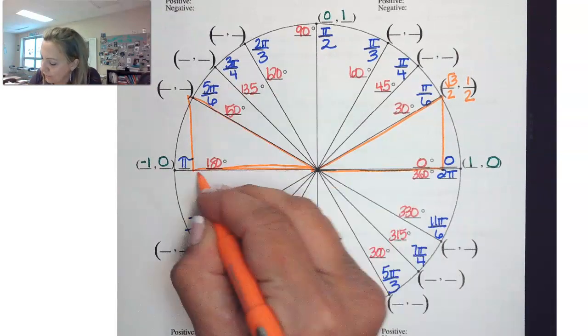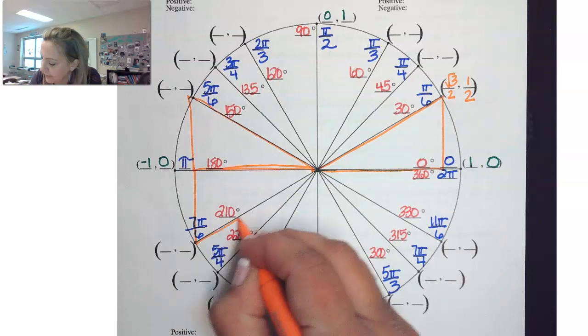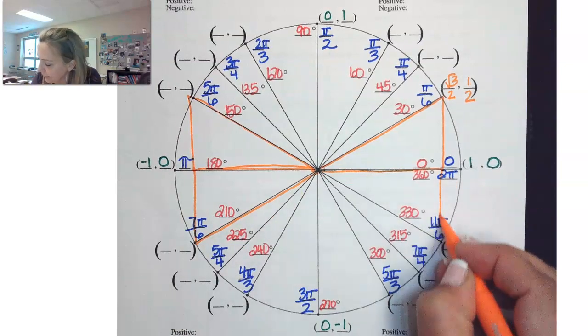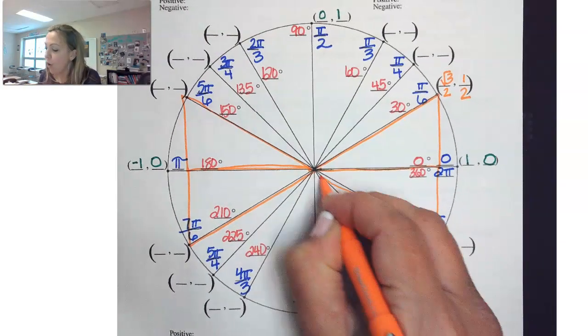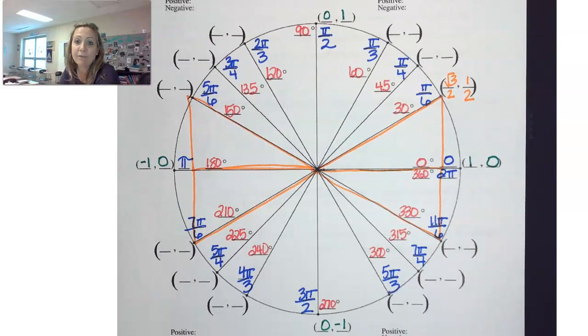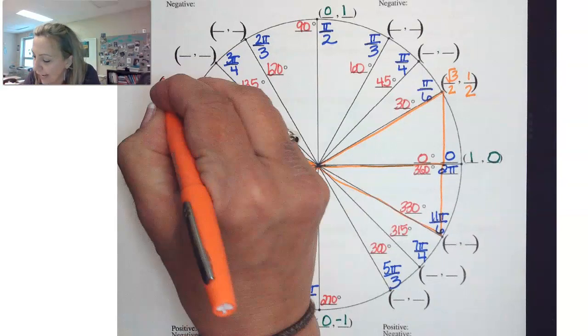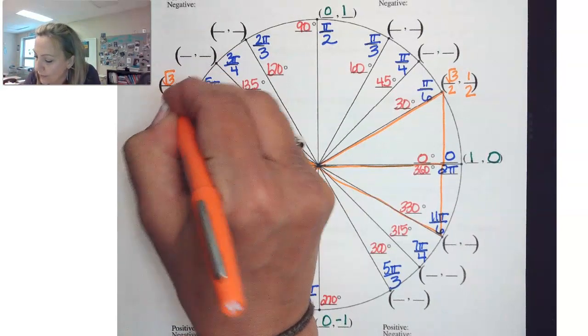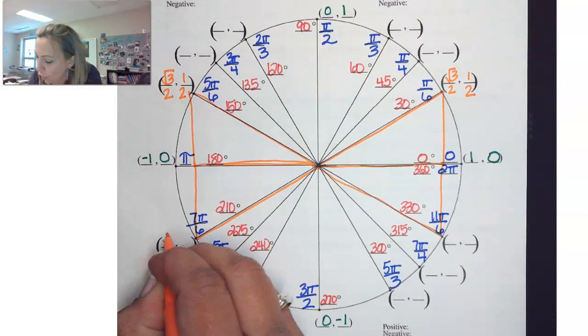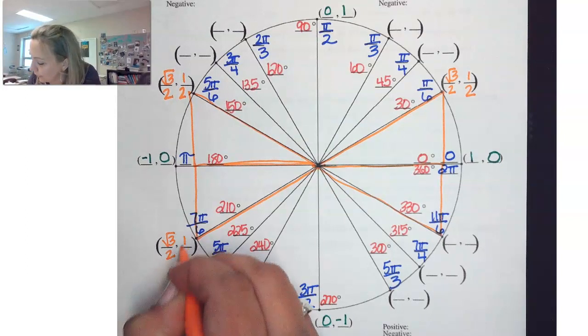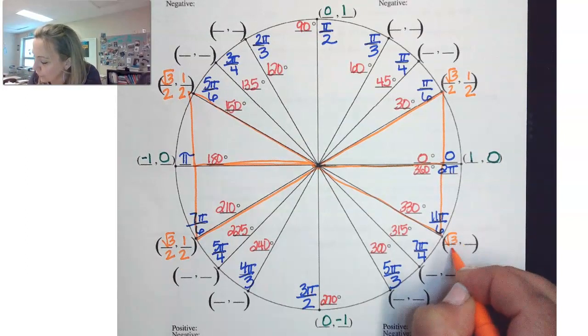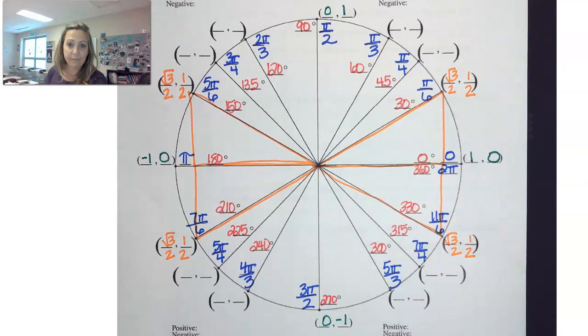So all of these, and we did a better job of this the other day, okay? All of those are the same type of triangle, they're just in different locations. That means that your x and y coordinates are always going to be √3/2 and 1/2 in those short triangles.